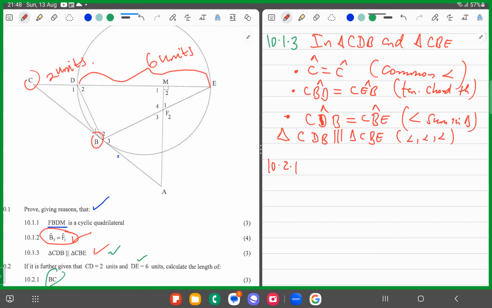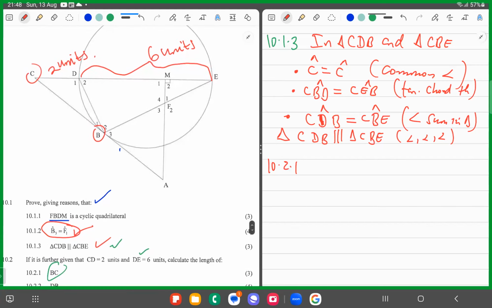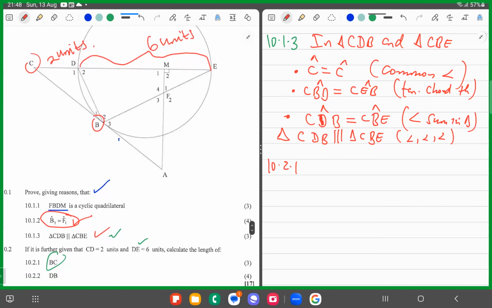So now to do this one here, we make the following observation. We remember this in this case in 10.2.1.